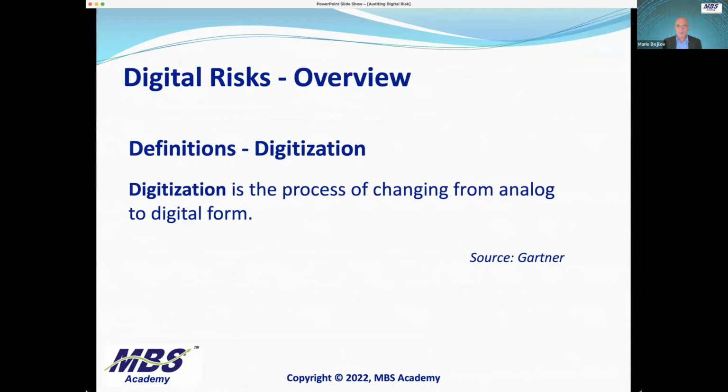Essentially, when you take a paper document, scan it and put it into your document management system, this is digitization. It is the first step towards digital transformation and towards the more complex processes. So when we talk about digitization, just keep that in mind. Converting from analog to digital.